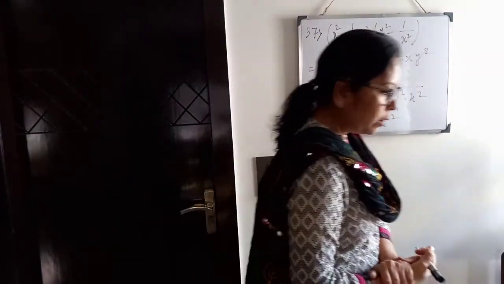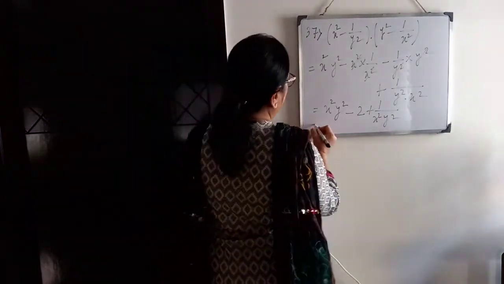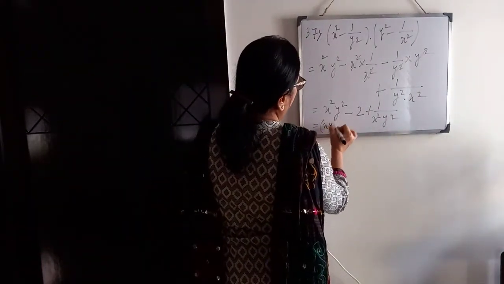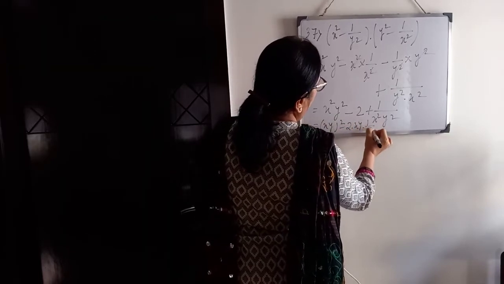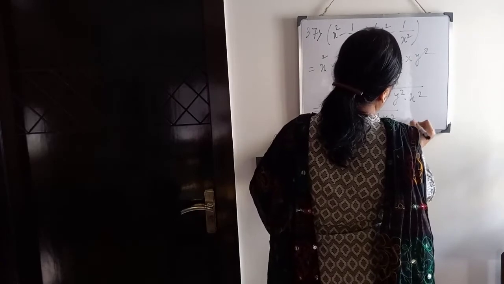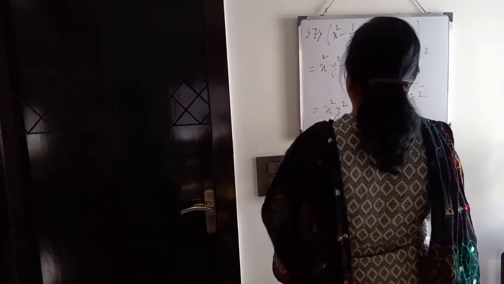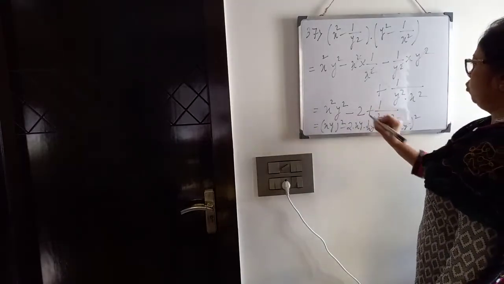Express as a perfect square. Now we can write this in this form: xy whole square minus 2 into xy into 1 by xy plus 1 by xy whole square. Now xy will cancel out, so you will get 2.